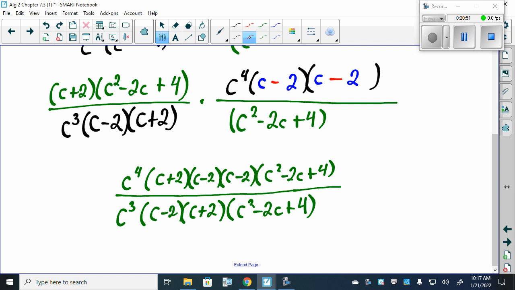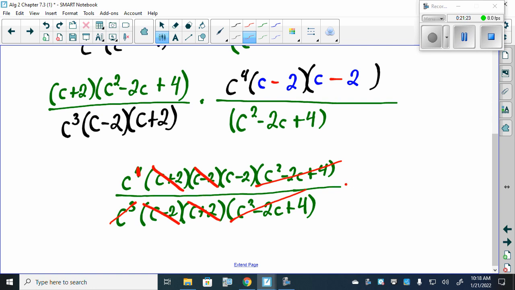So, c squared minus 2c plus 4 will cancel out with c squared minus 2c plus 4. What else? C plus 2 and c plus 2. And c minus 2. C cubed will cancel into c to the fourth, leaving c to the first, because 4 minus 3 would be 1, and since it's bigger on top, it'll stay on top.